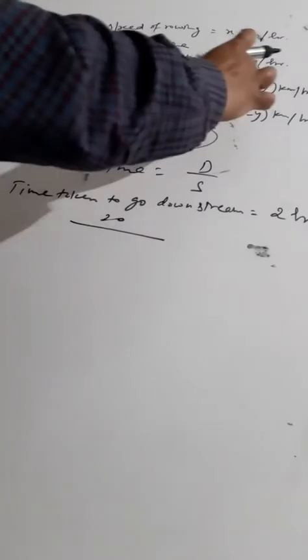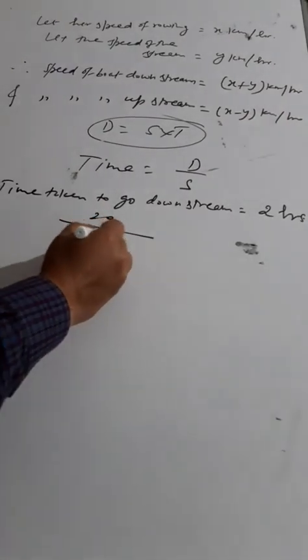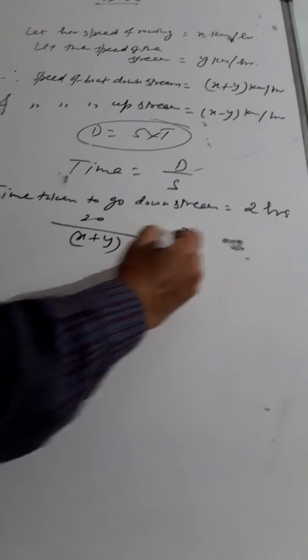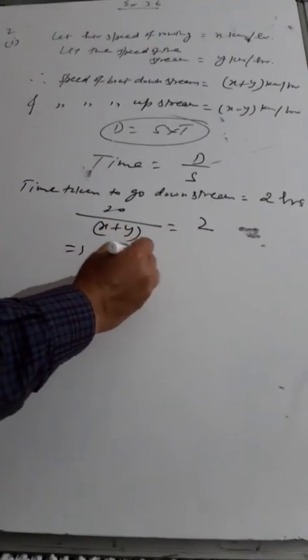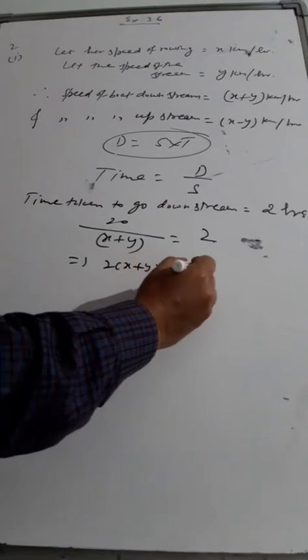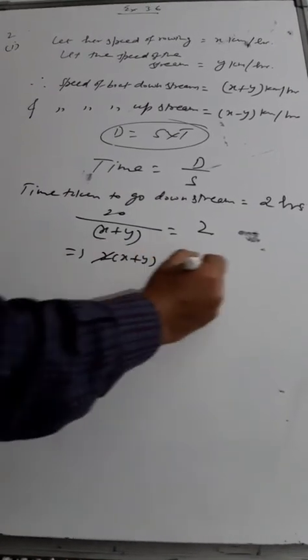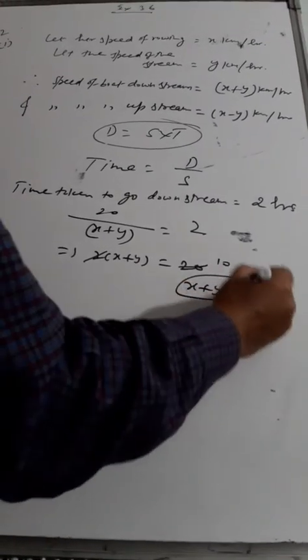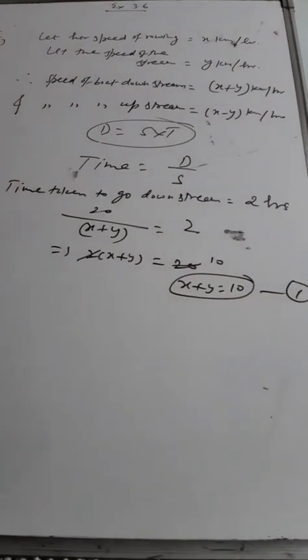And what is the downstream speed? That I already explained to you. x plus y is equal to what? So 20 upon x plus y is equal to 2. From here, you can write 2 into x plus y is equal to 20, if you do the cross multiplication, or you are getting x plus y is equal to 10, which is your equation number 1.